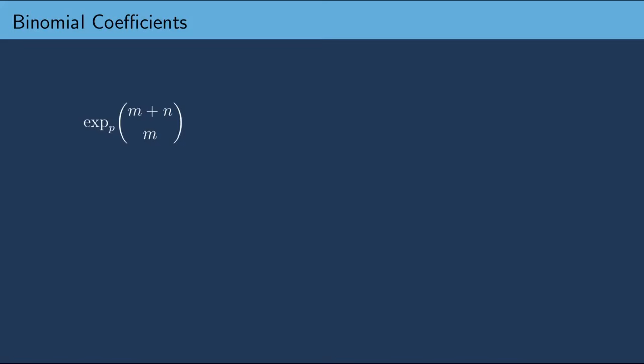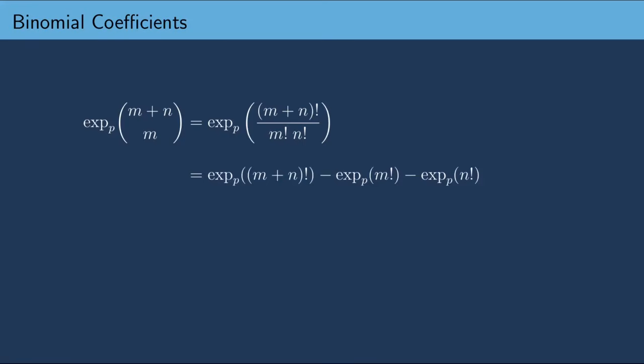To calculate the exponent of p in m plus n choose m, let's just break up m plus n choose m into m plus n factorial over m factorial times n factorial. This fraction is going to have some number of factors of p coming from the numerator, and then we have to subtract off the number of factors of p from the denominator, both the factors of p that show up in m factorial and in n factorial.